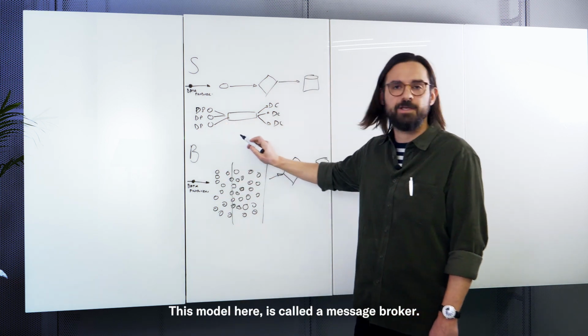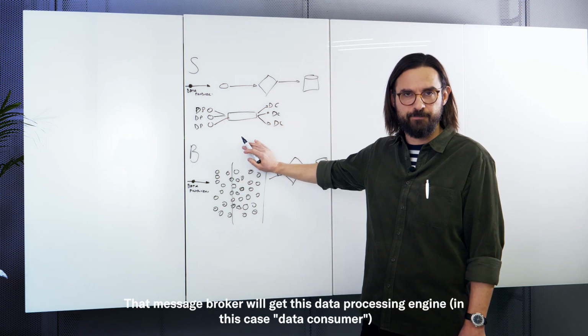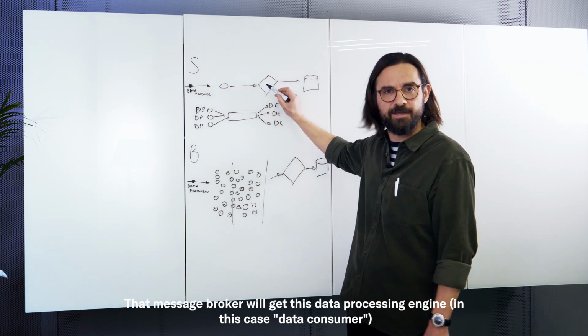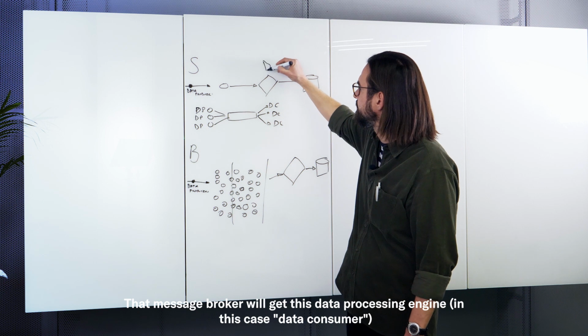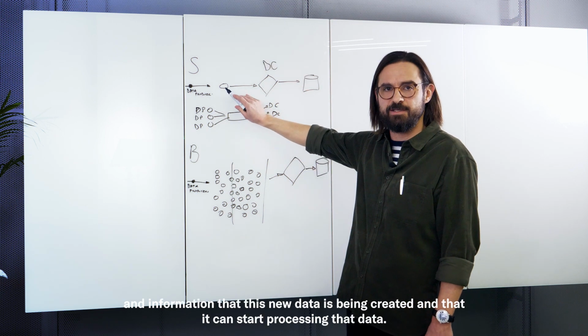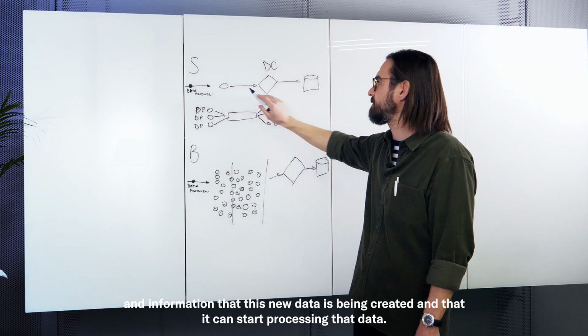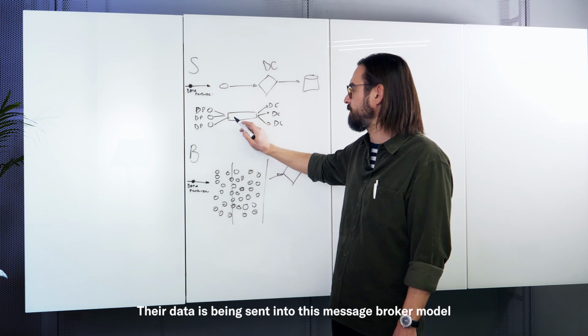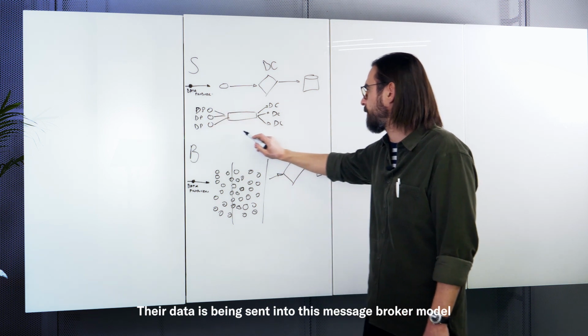This model here is called a message broker. That message broker will notify this data processing engine, in this case the data consumer, that new data is being created and that it can start processing that data. That data is being sent into this message broker model.